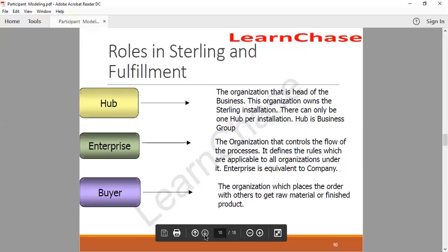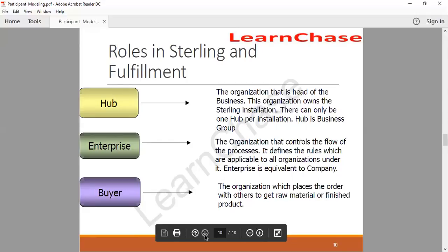The enterprise is the next level. Here, enterprise is equivalent to the company which is defined. So in Sterling, we call the company an enterprise. It defines the rules under which the organization plays. The buyer is the organization which places the order with others to get the raw material.